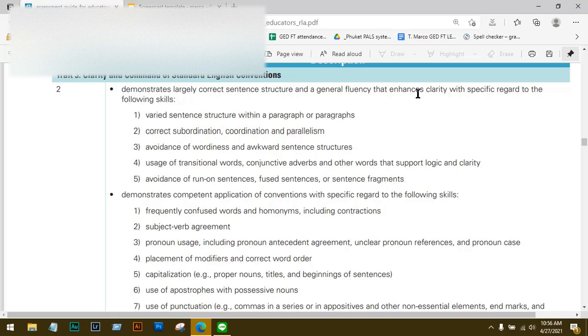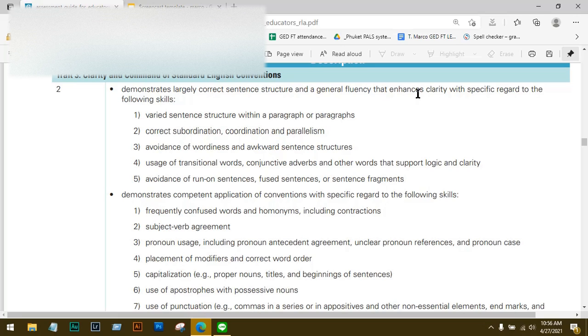For you to have 2 points, you have to demonstrate largely correct sentence structure and a general fluency that enhances clarity with specific regard to the following skills: varied sentence structure within a paragraph or paragraphs, correct subordination, coordination, and parallelism. Again, when you're listing something, it should be parallel to each other.